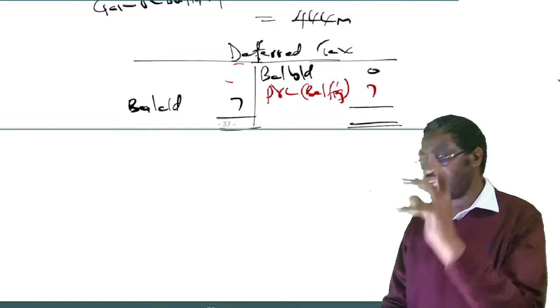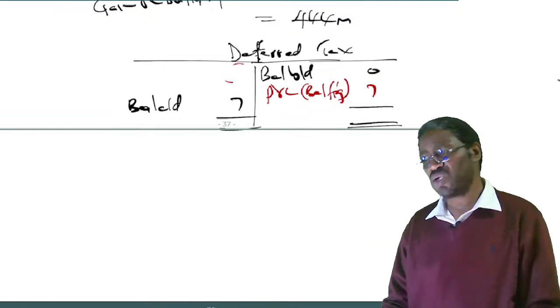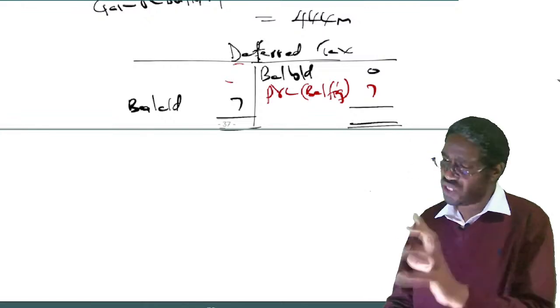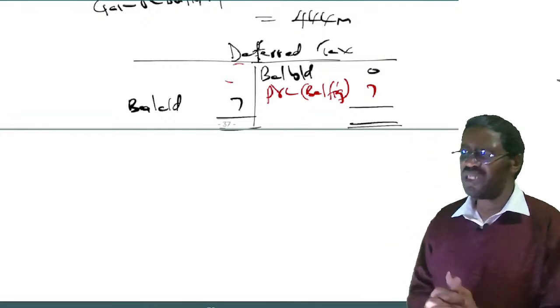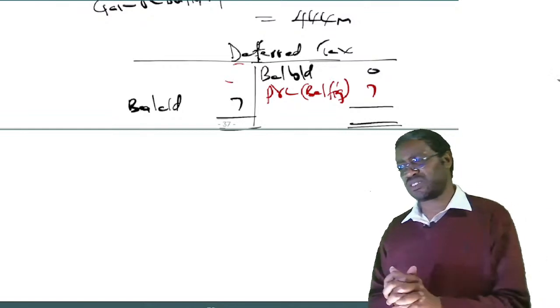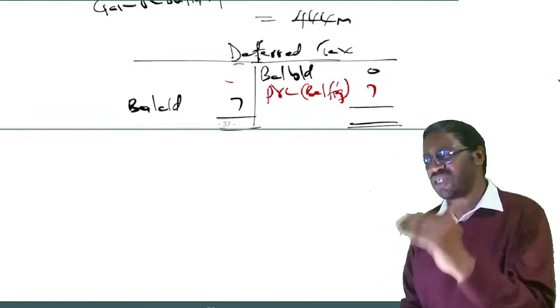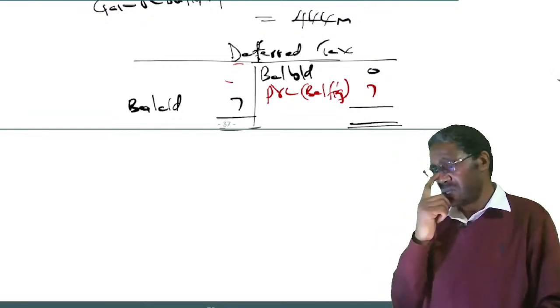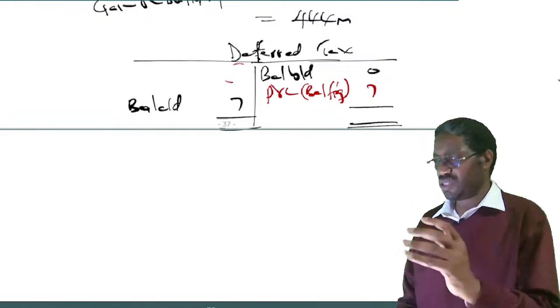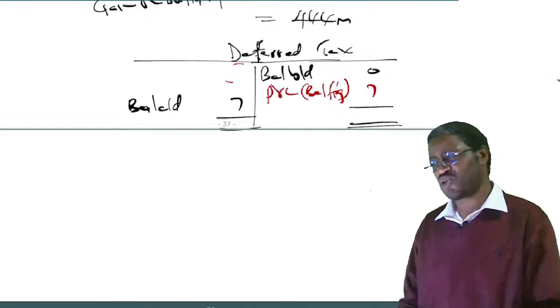Determination of the gain or loss on disposal of a fixed asset. You know this. For you to determine the gain or loss on disposal of an asset, there are many entries that you had to make. In other words, there are many steps to be followed.